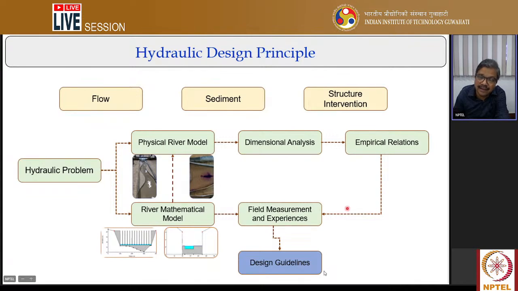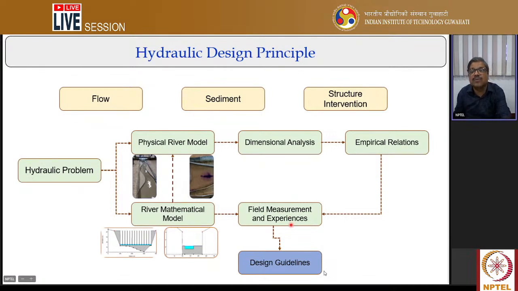Finally we establish a relationship which we can also test at the field level. That means at the river level, we can put in instrumentation and estimate. After a thorough analysis of the knowledge gathered from the physical river model, mathematical model, dimensional analysis and field measurement, we prepare design guidelines.